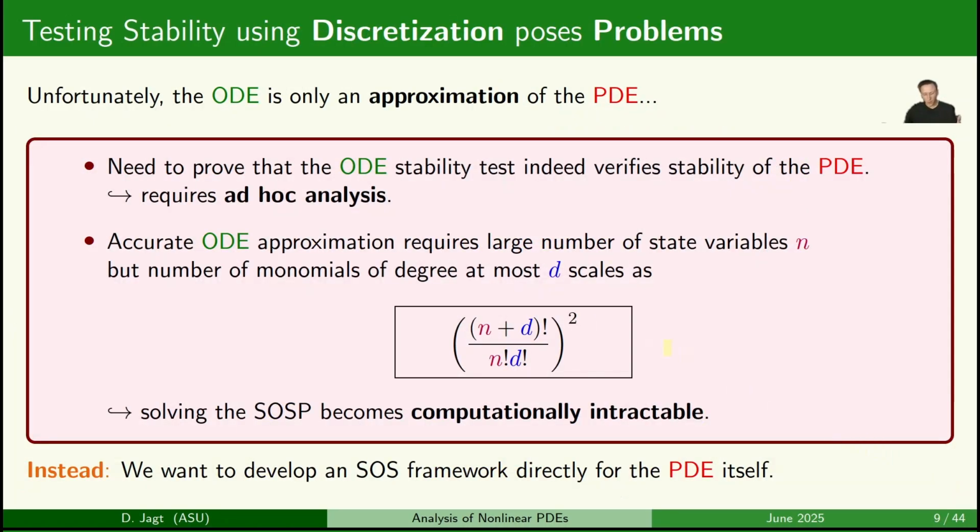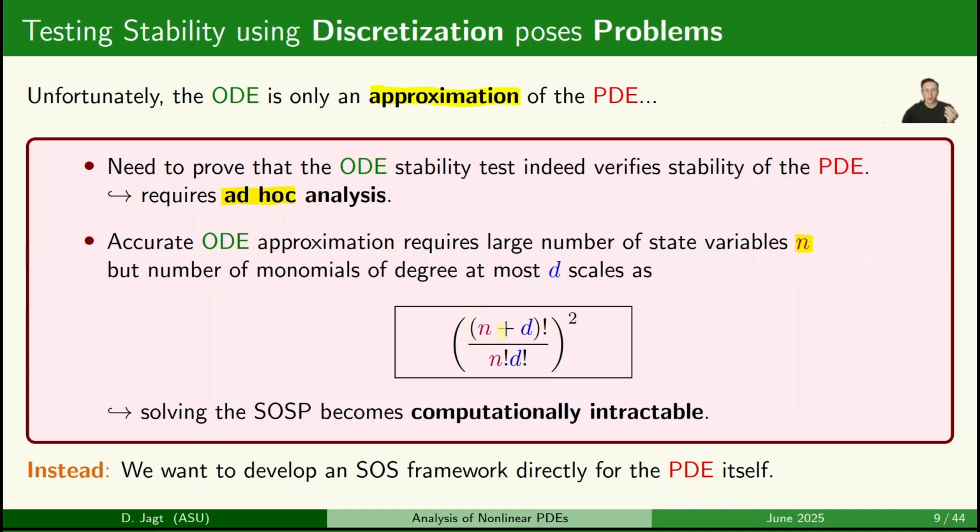Unfortunately, doing so, this ODE, of course, only offers an approximation of our PDE. So that means that even if we can verify stability of this ordinary differential equation using SOS, we will still need to perform some ad hoc analysis to make sure that this indeed proves stability of our original PDE. Moreover, the accuracy of this ODE approximation will depend on the number of state variables n that we use in our discretization.